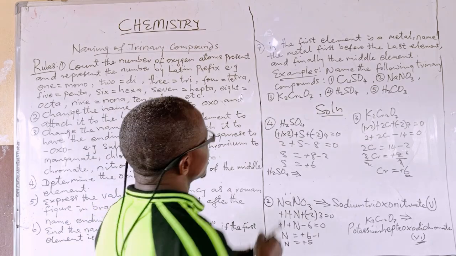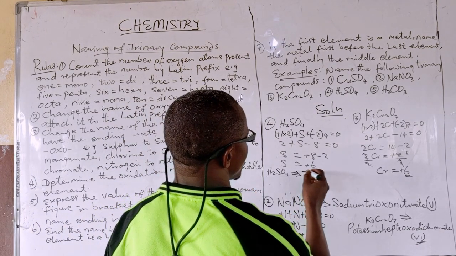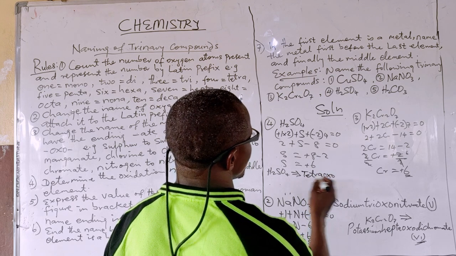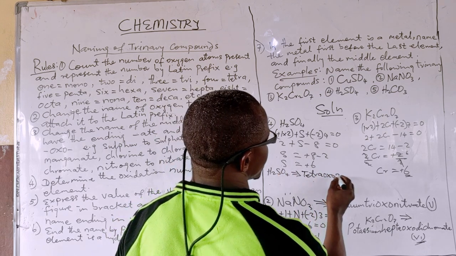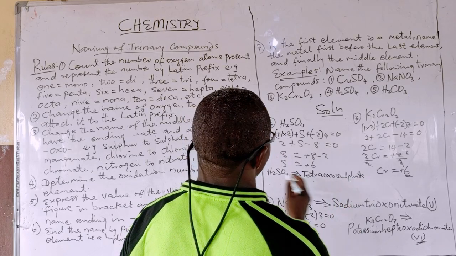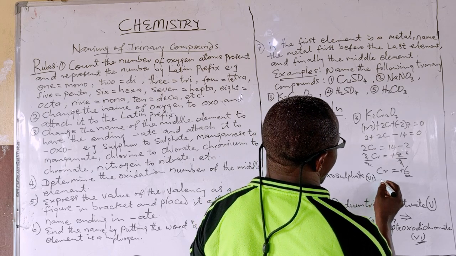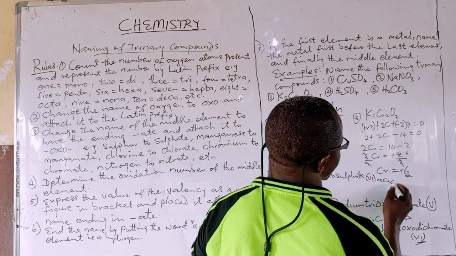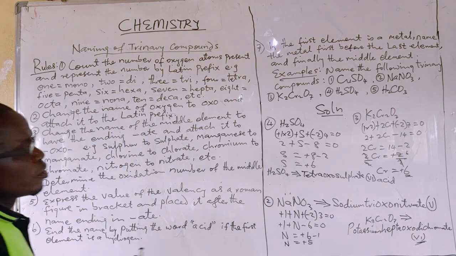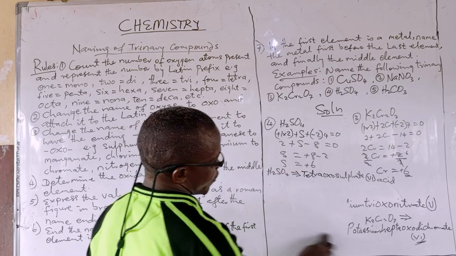So I will start with tetraoxo sulfate 6, and end the name with acid. Tetraoxosulfate 6 acid. Okay, that is for number 4.